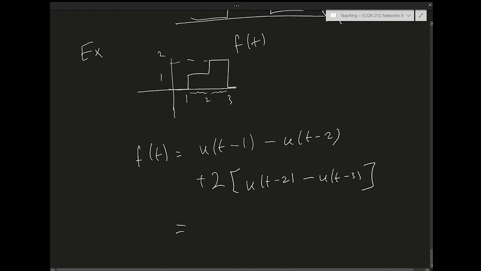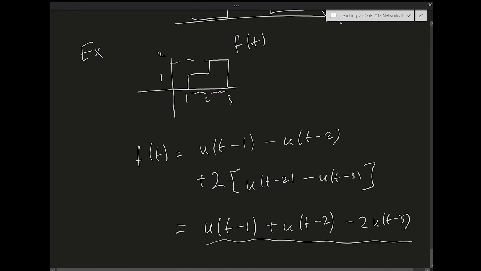So we can simplify this. This is going to be u of t minus 1 minus u of t minus 2 plus 2 u of t minus 2 minus 2 u of t minus 3. And from inspection, you could have derived this without considering this as two pulses.